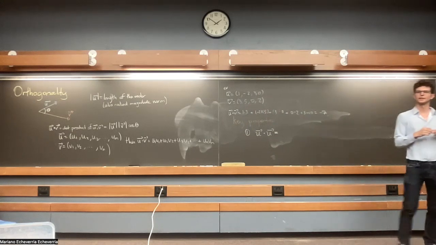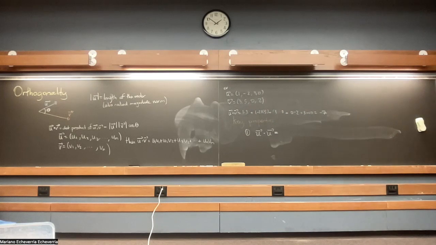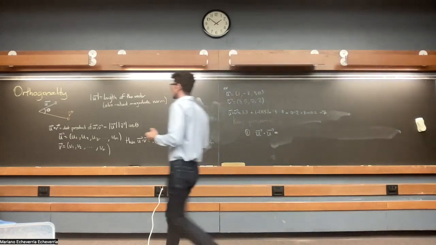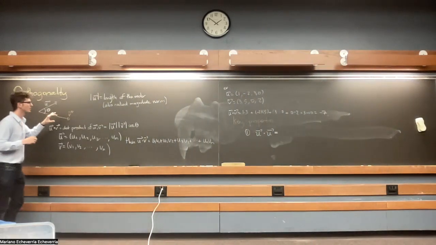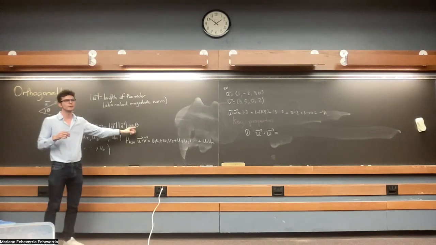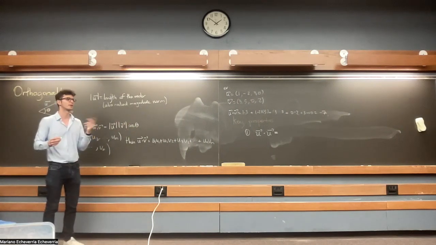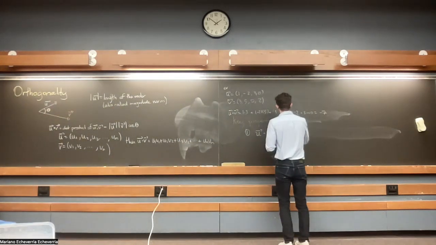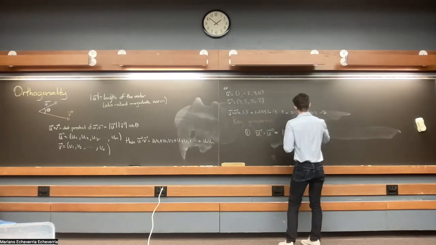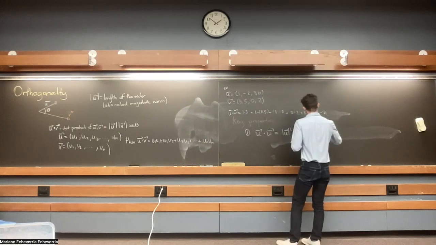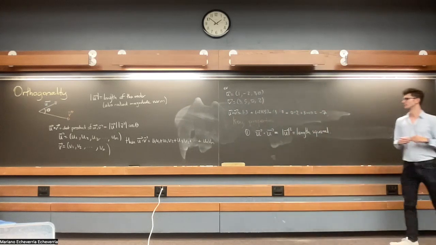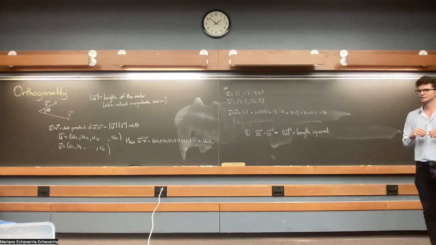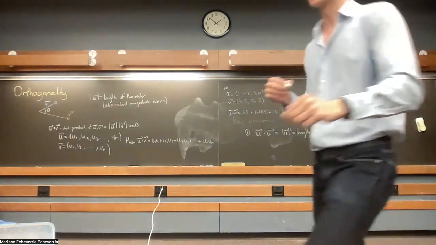What do you get in the formula? Magnitude of u squared. If u and v are the same, then the angle between them is zero, because they're the same vector. So the cosine of zero is one. The important thing is that the dot product of a vector with itself is the magnitude, the length, squared. That's very useful. You'll see why in a second.